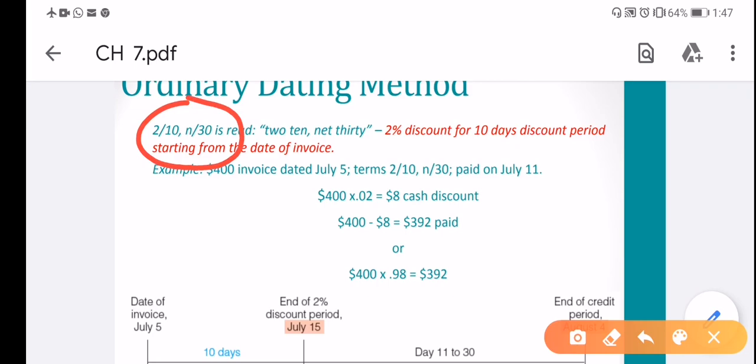The 2% is the discount percentage that the company gives you. What is this 10? It means you take this 2% as a discount if you pay within the first 10 days from the date of invoice. And 30, or net 30, means that the due date to pay the amount is after 30 days.